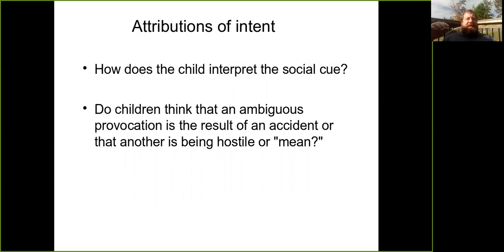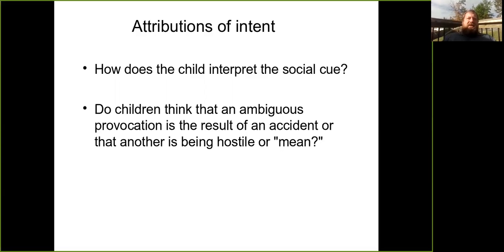Do we think they did that because it was an accident? They just bumped into us? Or do we think they did that because they were being mean and trying to start a fight with us? In that ambiguous kind of situation, do we interpret it in a more benign, accidental way, or do we interpret it in a more aggressive kind of way?